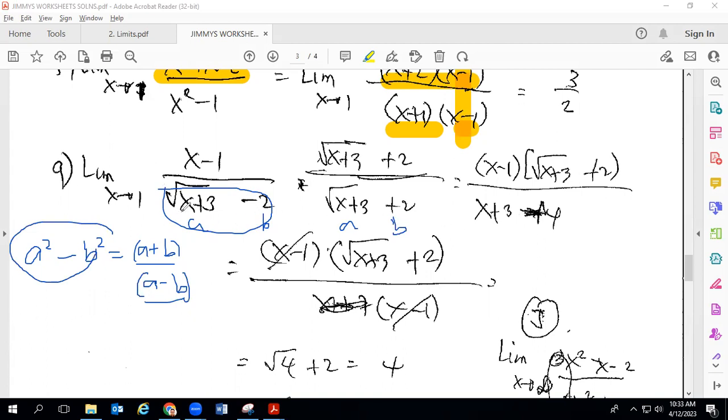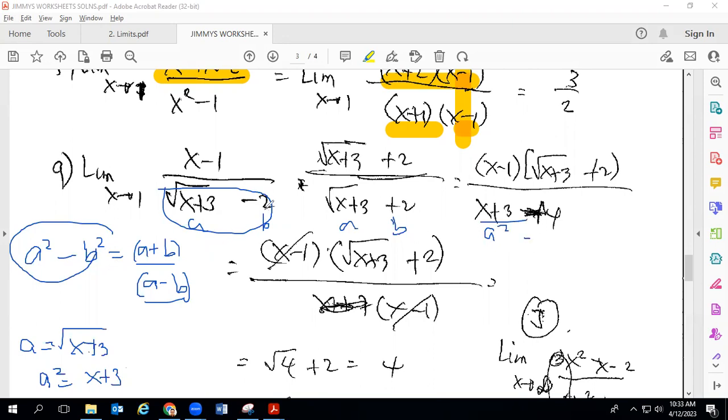If your a is the square root of x plus 3, therefore your a squared, if you square this one, you just have to remove the radical sign. So here your a squared is x plus 3, and then you have minus b squared.